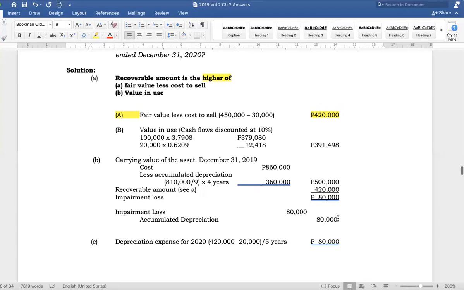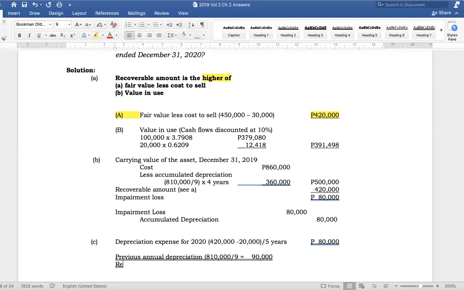So instead of recognizing the previous depreciation expense, magkano yung previous? Let us compare. Your previous annual depreciation is in effect 810,000 divided by 9, which is 90,000.